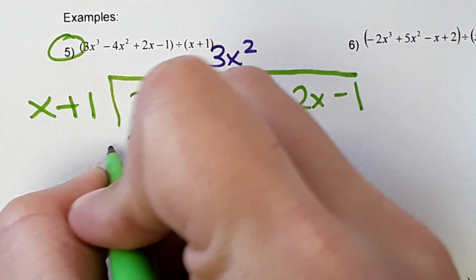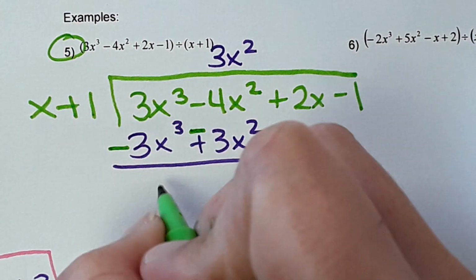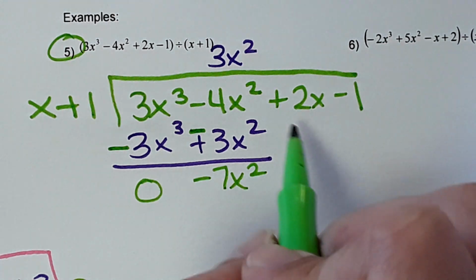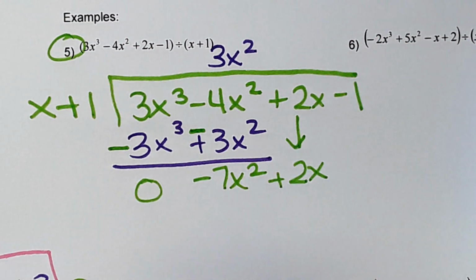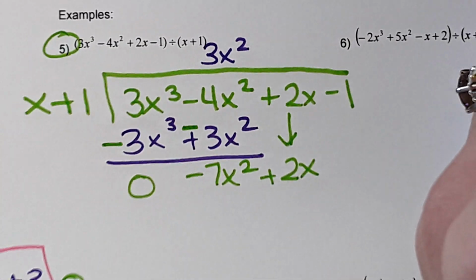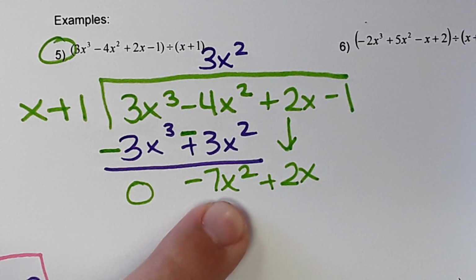Now we subtract, so make sure to change the signs on both of the terms. What can we multiply x by to get negative 7x squared?